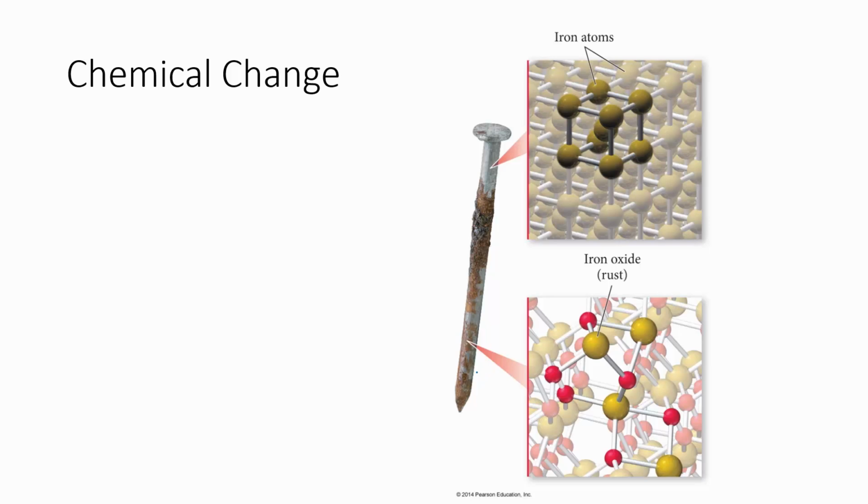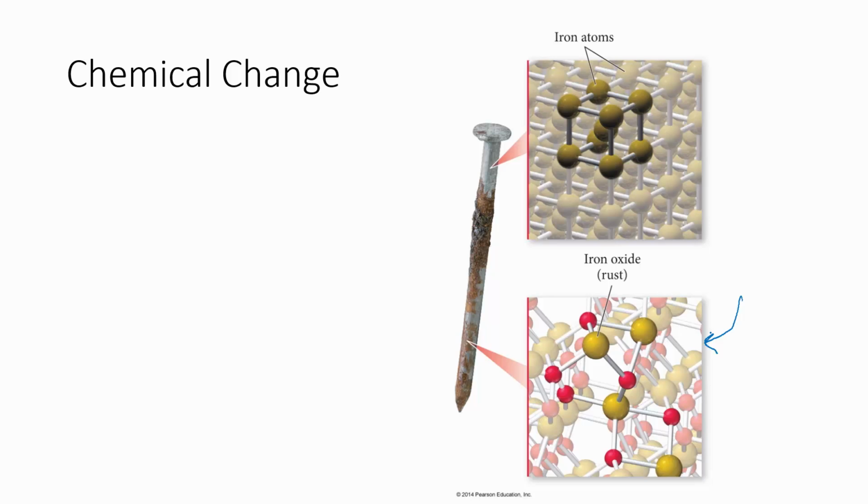Now, a chemical change, on the other hand, involves a change of chemical attachments. So the atoms that make up a particular substance in the compound or item that we start with are going to have to rearrange and cause new attachments to form or new attachments to break to end up with a different set of attachments for the final product.